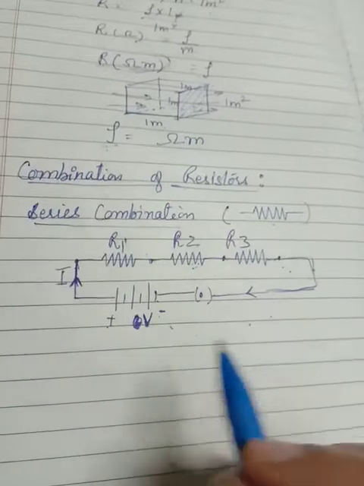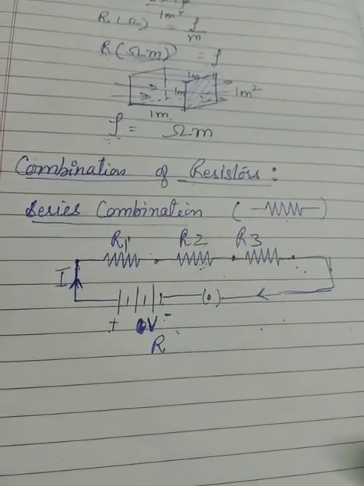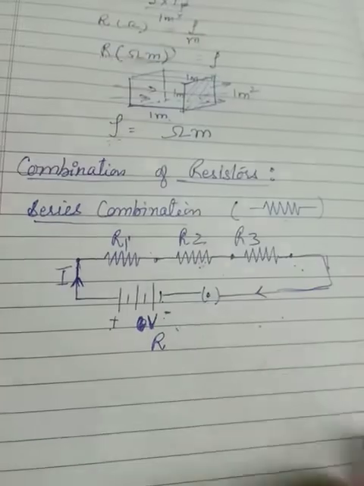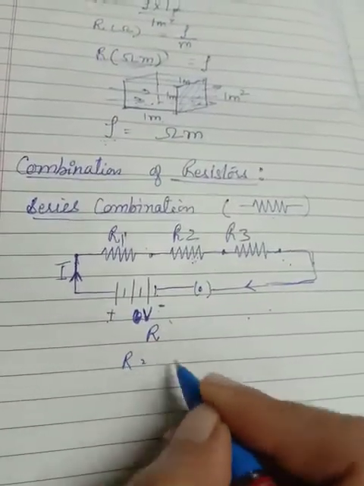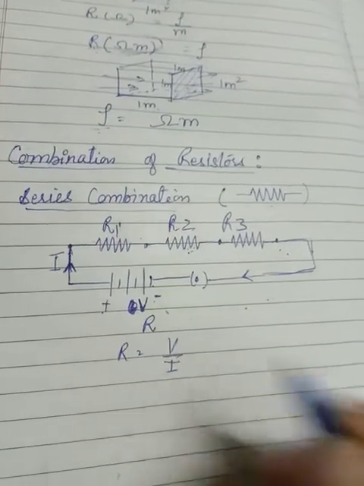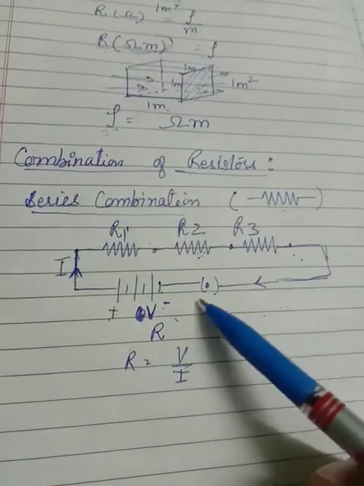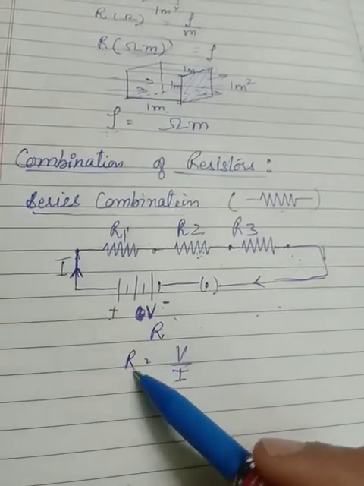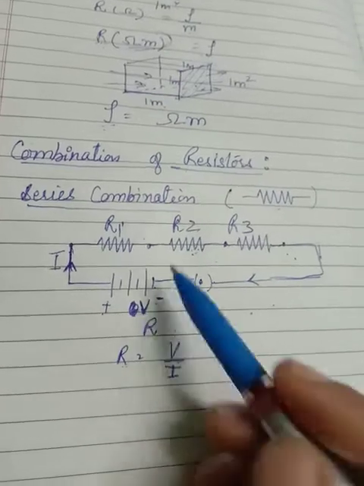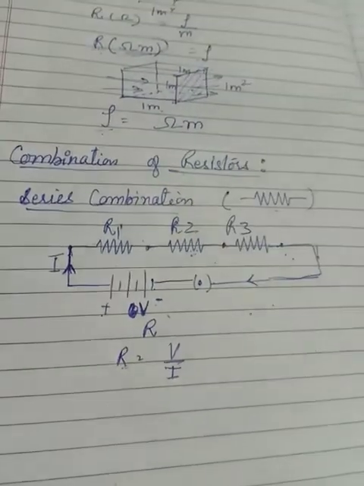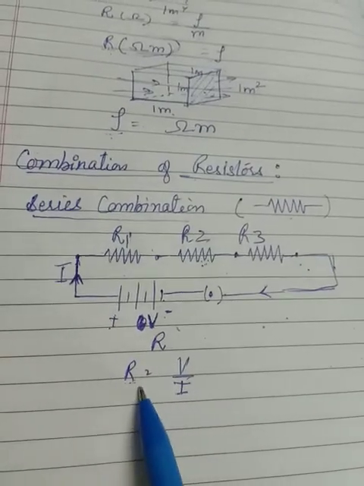Let us suppose that R is the total resistance of the circuit. From here we know that R equals V upon I, where V is the potential applied and I is the current flowing through the circuit, and this R is the total resistance. Now we want to find out how much will be the total resistance of the circuit, how much will be this capital R.